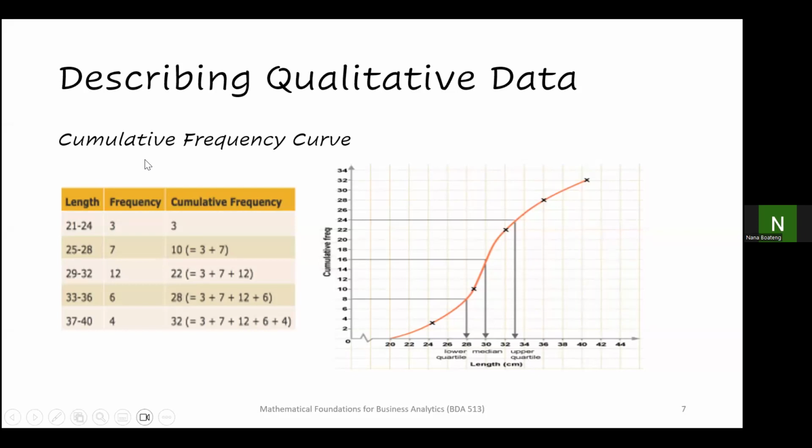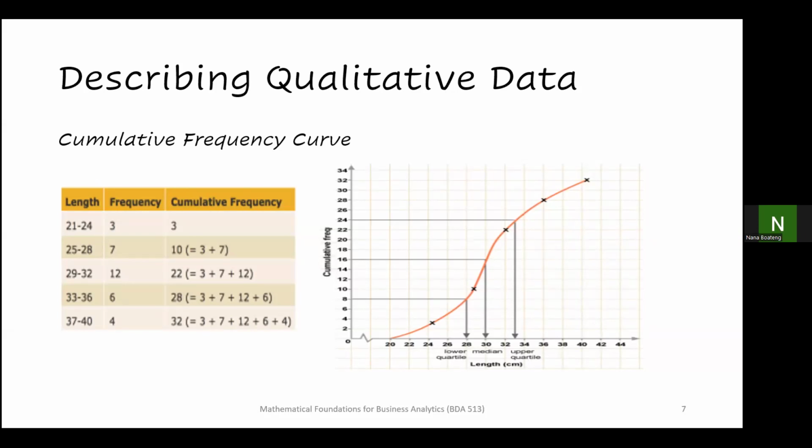Yes, so it could be qualitative data. That's why I'm saying that we don't use the cumulative frequency curve to represent only qualitative data. It can be used to represent quantitative as well. But in this instance, let's say you have different groups of people, or you could even have one group of people, and then you are checking the length.